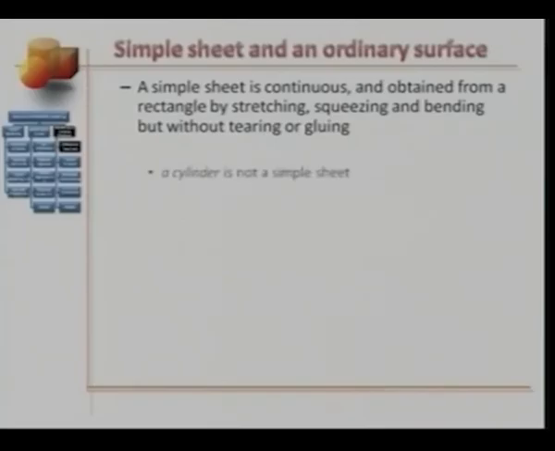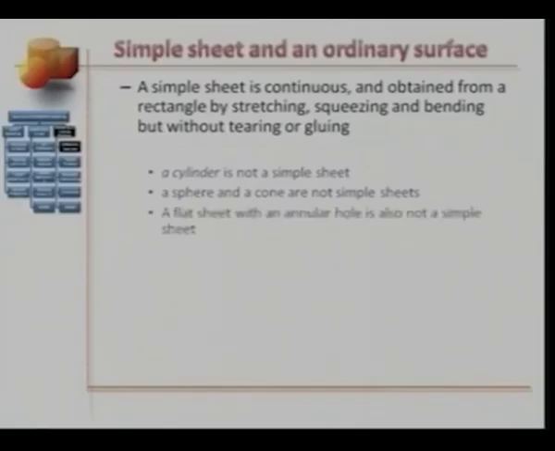A cylinder will not be a simple sheet. Why is that so? Because we'll have to cut it to be able to get a rectangle. Likewise, a sphere and a cone are not simple sheets because there are cutting operations involved.